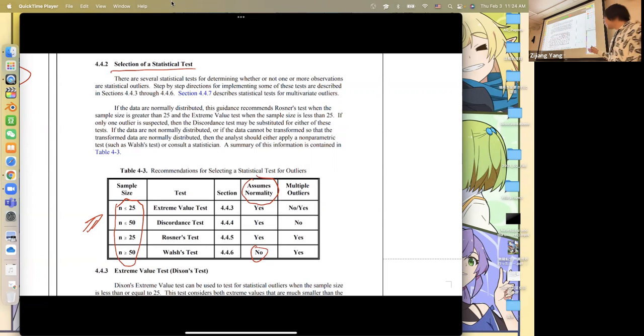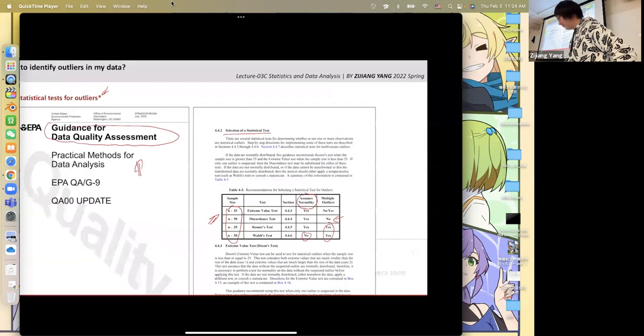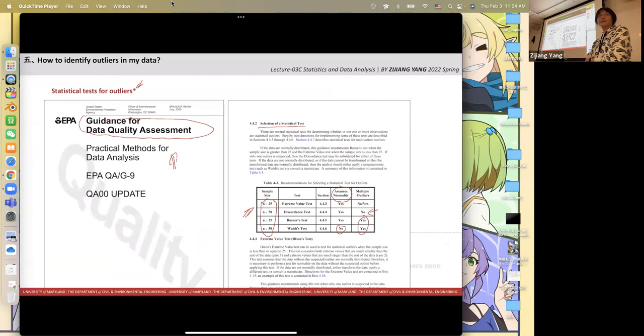Some of the tests can identify multiple outliers, but some can only detect one outlier. If you are interested, you can download this document and read the details. You can just search for the name and find it on the EPA website.